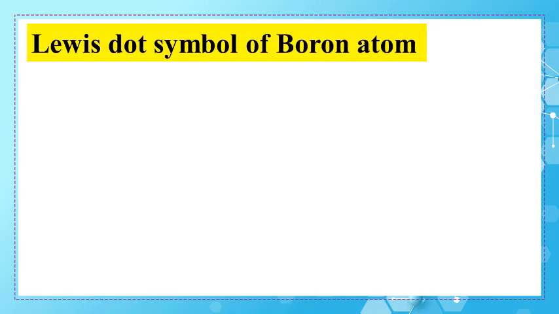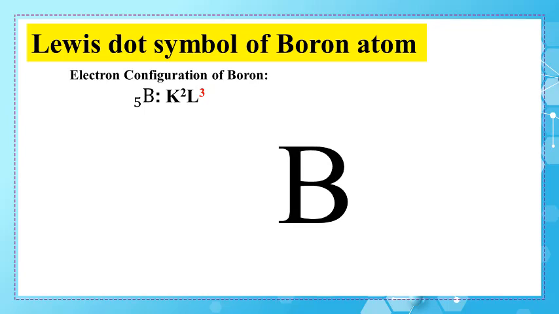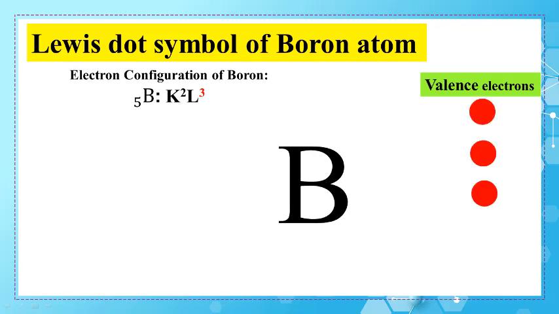For writing the Lewis dot symbol of boron atom, the electron configuration of boron is K2L3. The number of valence electrons is 3. These 3 electrons will be placed as odd dots on the 4 sides of the boron atom.